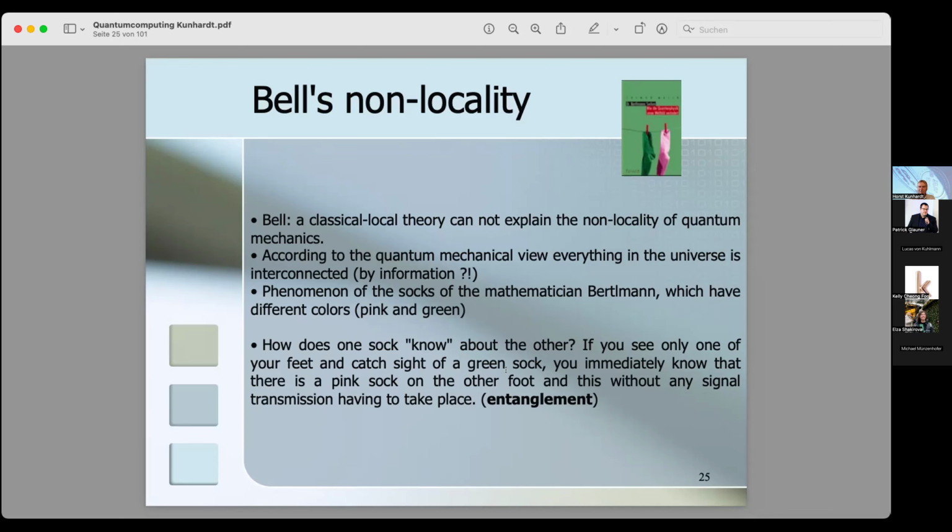And entanglement is one of the specifics in quantum computing that is used in cryptography, and therefore quantum systems work with entanglement.